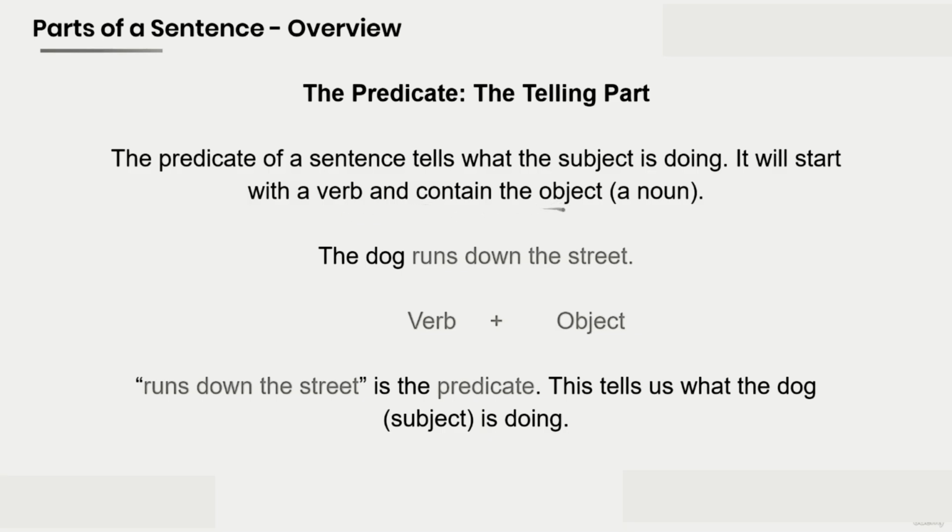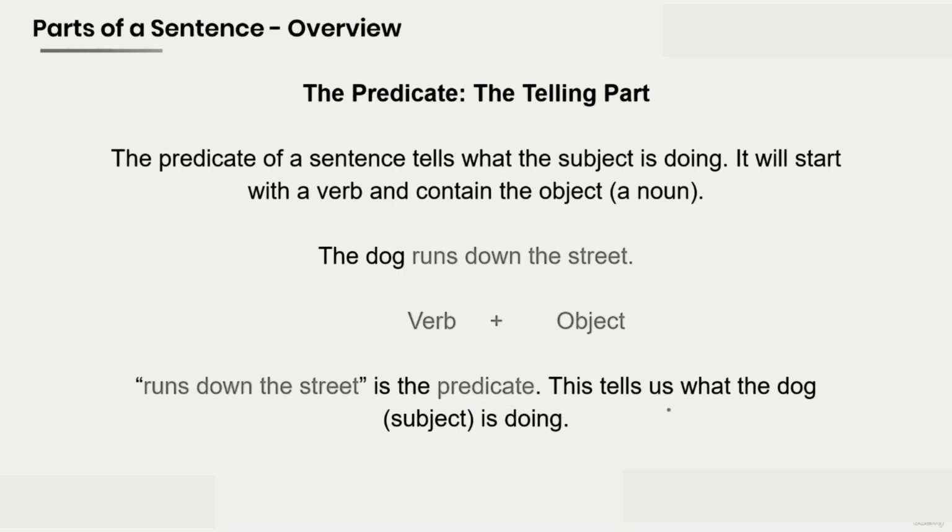So now, if we look at our example sentence, we have the predicate colored here, and you can see that the predicate is broken down into a verb, and an object, the verb being runs. Okay, and the object being street or the street. So again, runs down the street is the predicate of our sentence. This is telling us what the dog is doing.